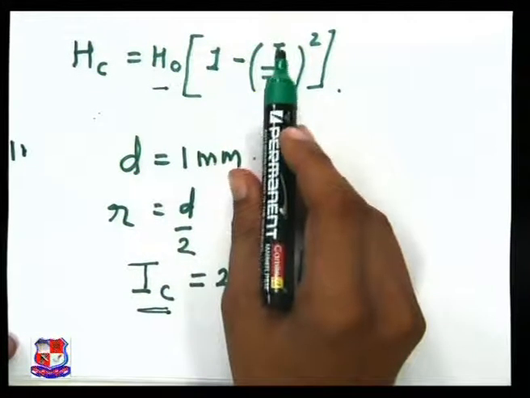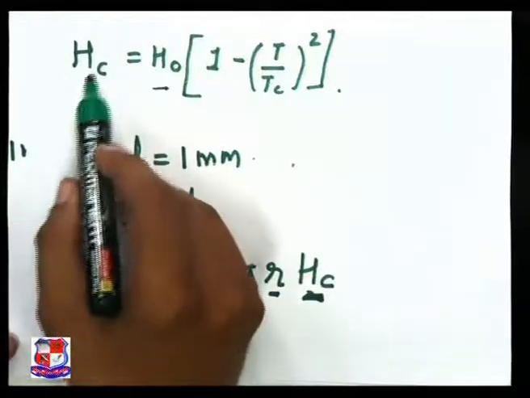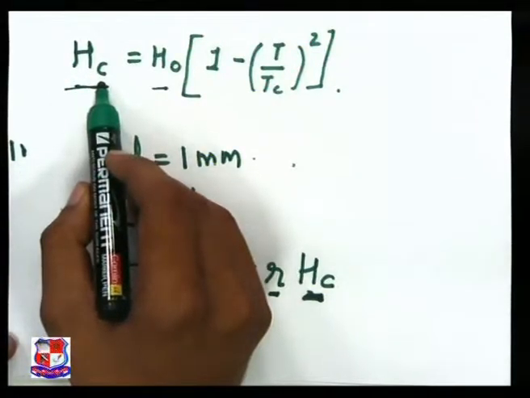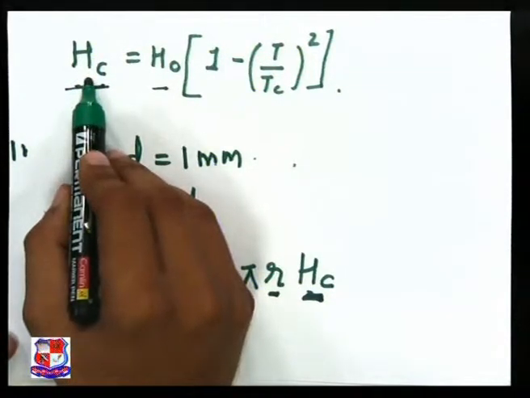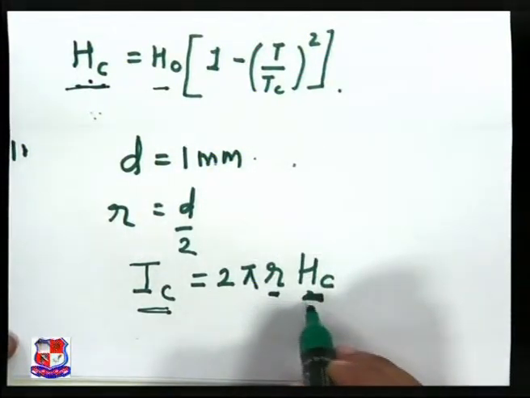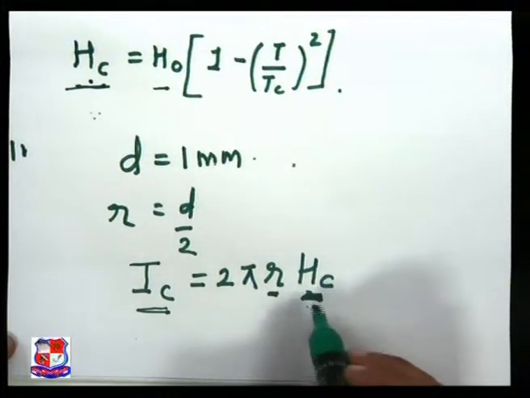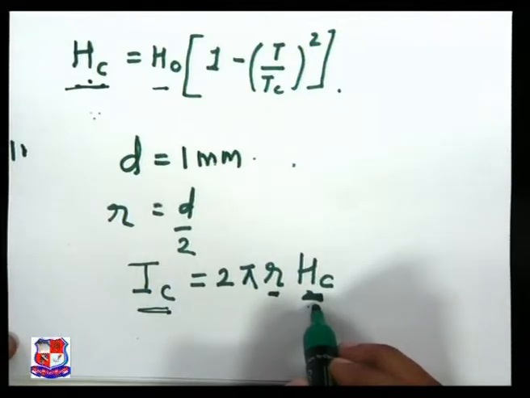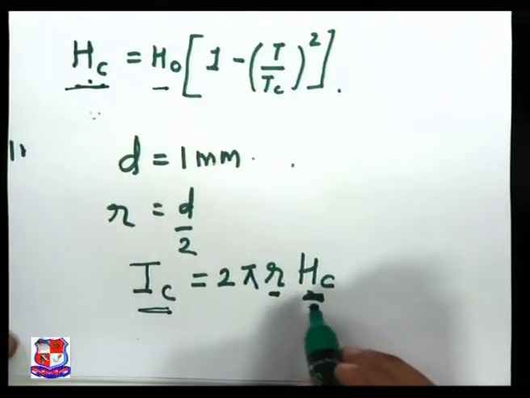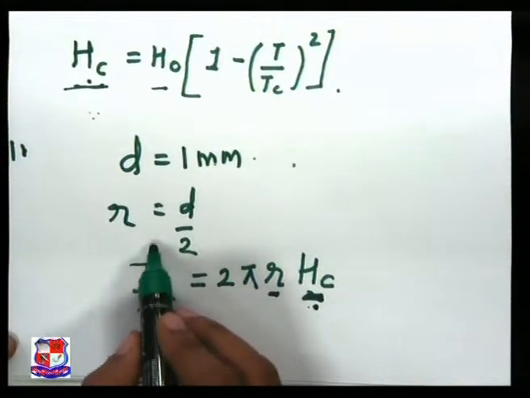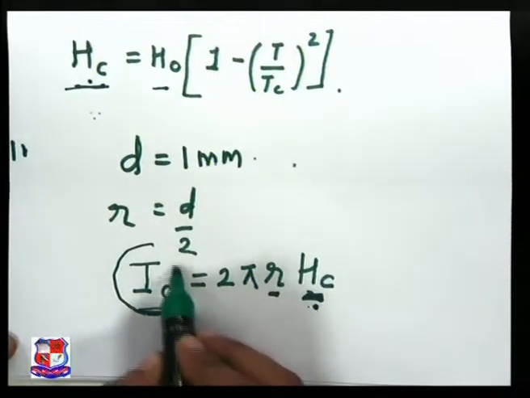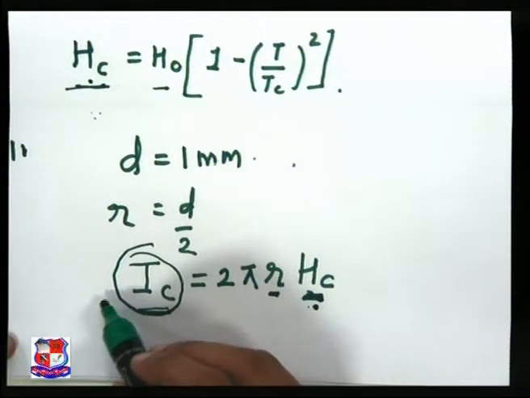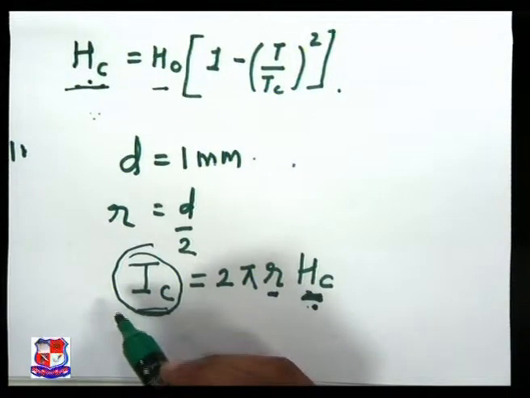By substituting these three values, we can calculate the critical field. By substituting the value of Hc, we can calculate Ic, that is critical current.